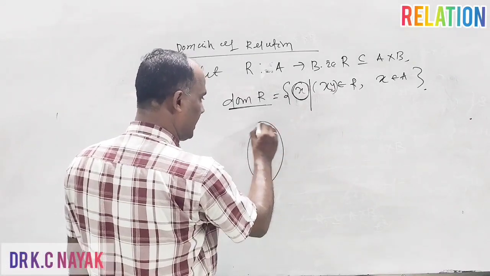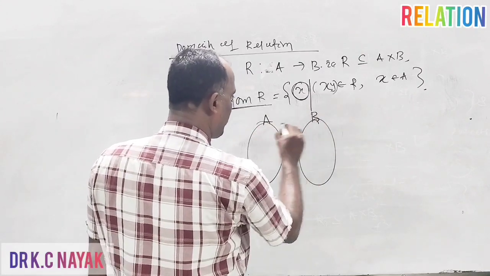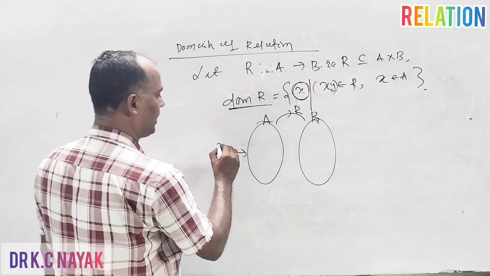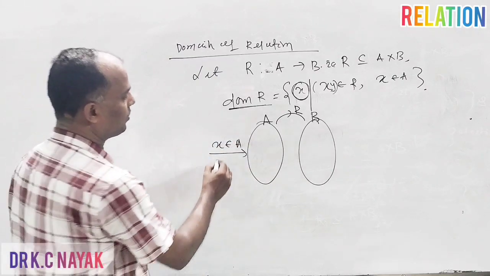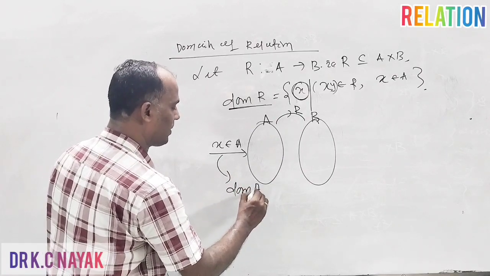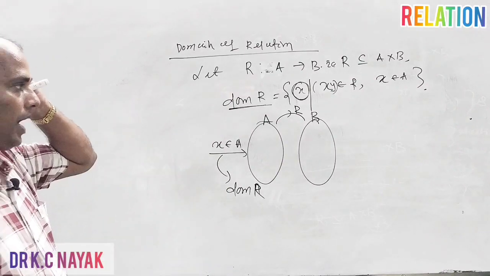Suppose A is a set and B is another set, and A is associated to B with a relation. The elements X from set A are known as the domain of R.